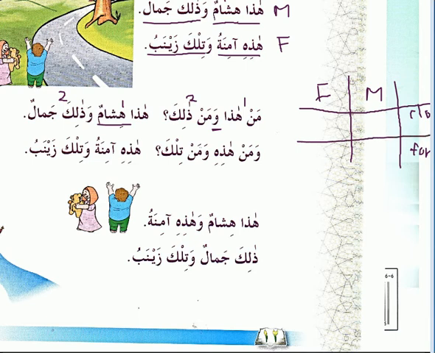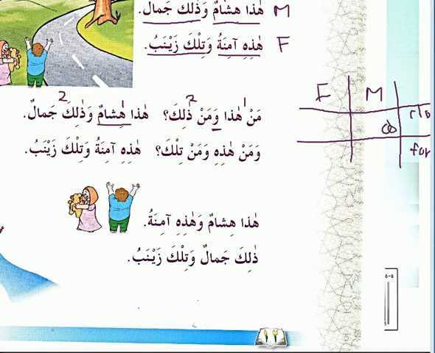Okay, so I want you to fill out this chart with me. So what is going to go in that first blank? Right here, under male and close. What are we going to use? Hadha, dhalika, tilka, hadha, right? Hadha is used for something male and close.